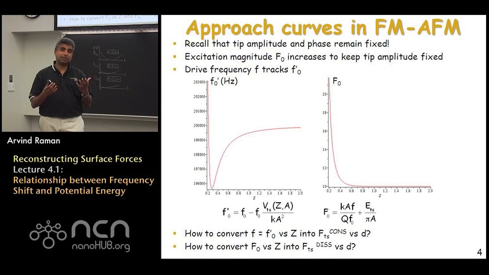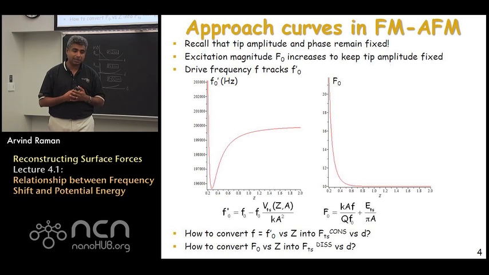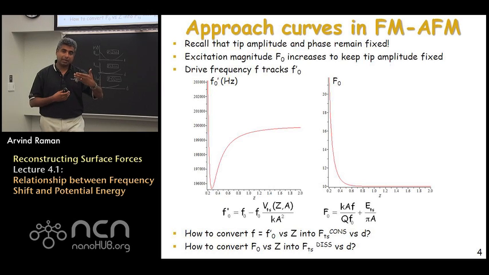So really, these are the observables we have in FM-AFM as you approach a sample. The question is, clearly, frequency shift is going to be related to the conservative interactions, and the excitation versus Z is going to be connected to dissipative interactions. But how does one take this relationship, these observables as a function of Z, and convert them into the actual tip-sample interaction forces? In the case of frequency shifts, we'll be looking at reconstructing the conservative part of the tip-sample interaction force.